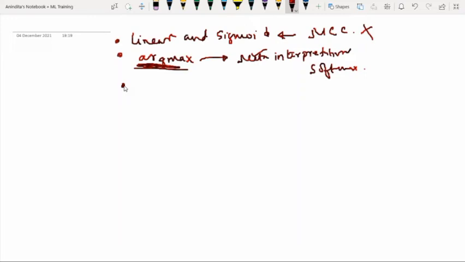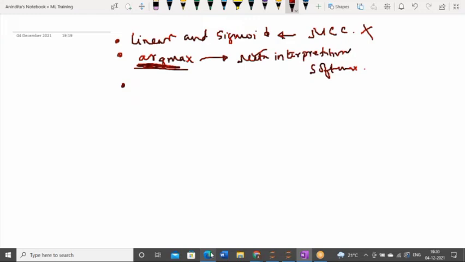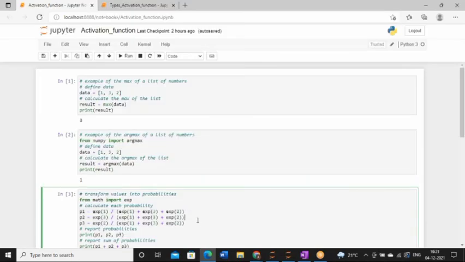And now what is the third point? How to implement the softmax function? It is one of the most important things to remember. Why? Because it is a probabilistic approach, and you always have to remember this calculation. So this is the summary of what we have discussed.